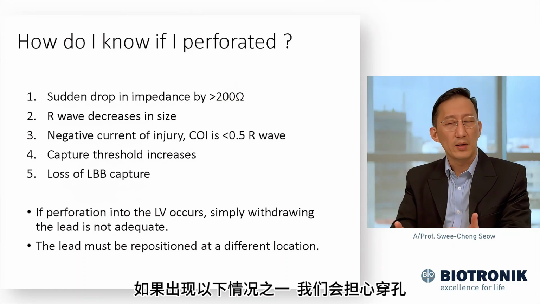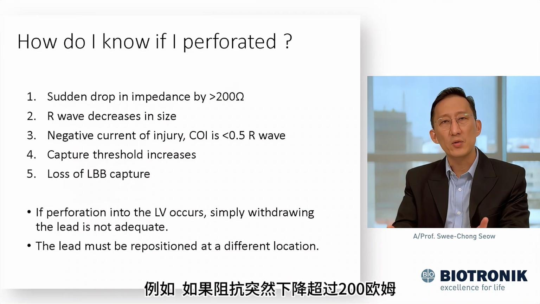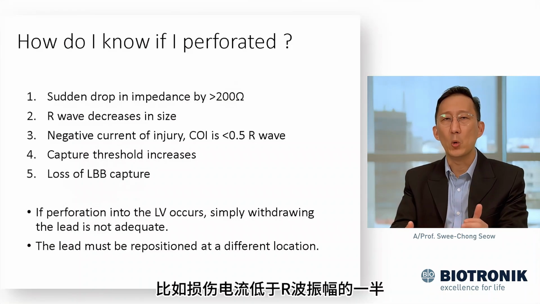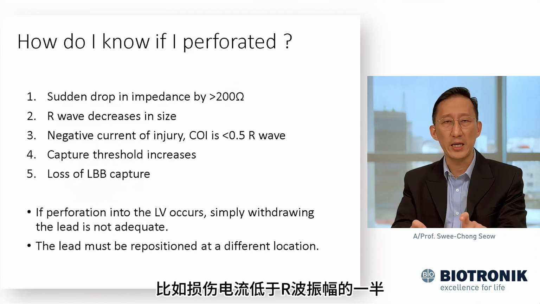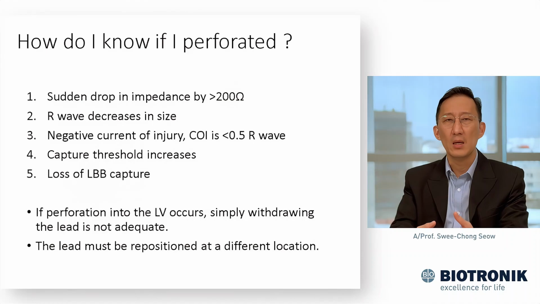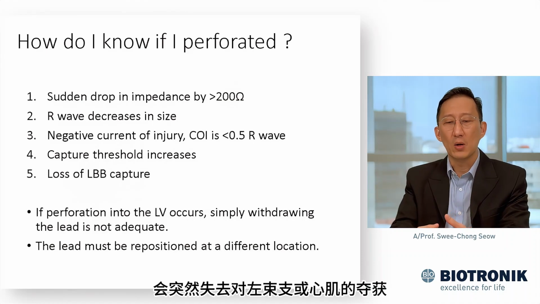An example is if there's a sudden drop in the impedance by more than 200 ohms, if the R wave height suddenly decreases, if there's a change in the current of injury where the current of injury becomes lower than half of the R wave height on the intracardiac recording, or even if the current of injury becomes a negative deflection rather than a positive deflection, you will suddenly lose capture of the left bundle branch or the myocardium.